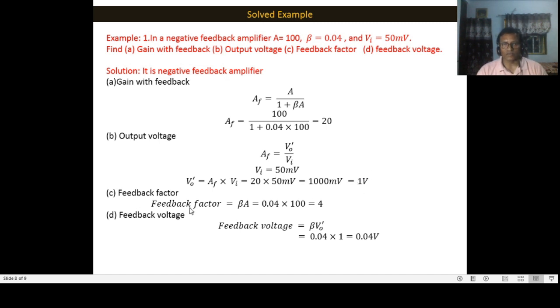Then feedback factor is beta into A, beta is given 0.04, A is also given, so this becomes 4. Now feedback voltage is feedback fraction times the output voltage with feedback. So feedback fraction is 0.04 and output voltage is 1 volt, so it comes out to be 0.04 volts.